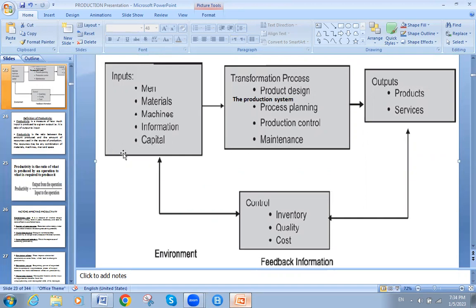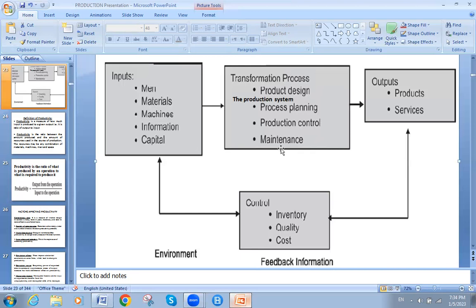Then there will be a transformation process: production design, process planning, production control, and maintenance. All these departments are sub-departments working under the umbrella of the production department.